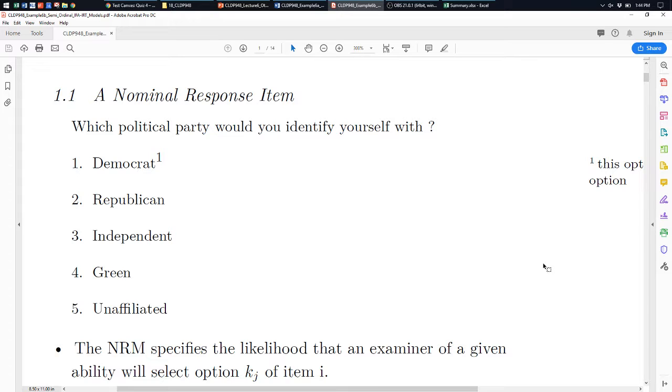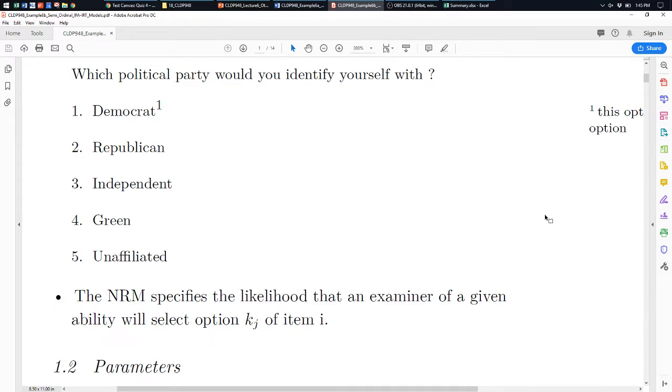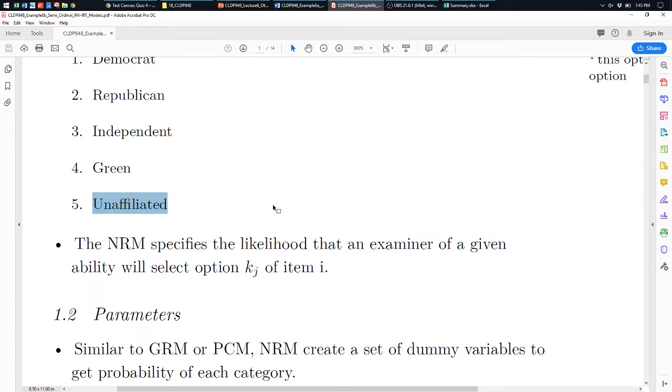But you can fit this item to a nominal response model to get a slope and an intercept for each category. The parameters will be in M+. M+ will automatically set the highest category as the reference, so that, for example, category 5 will be the reference, and each category will be compared to the reference to estimate the slope and intercept.